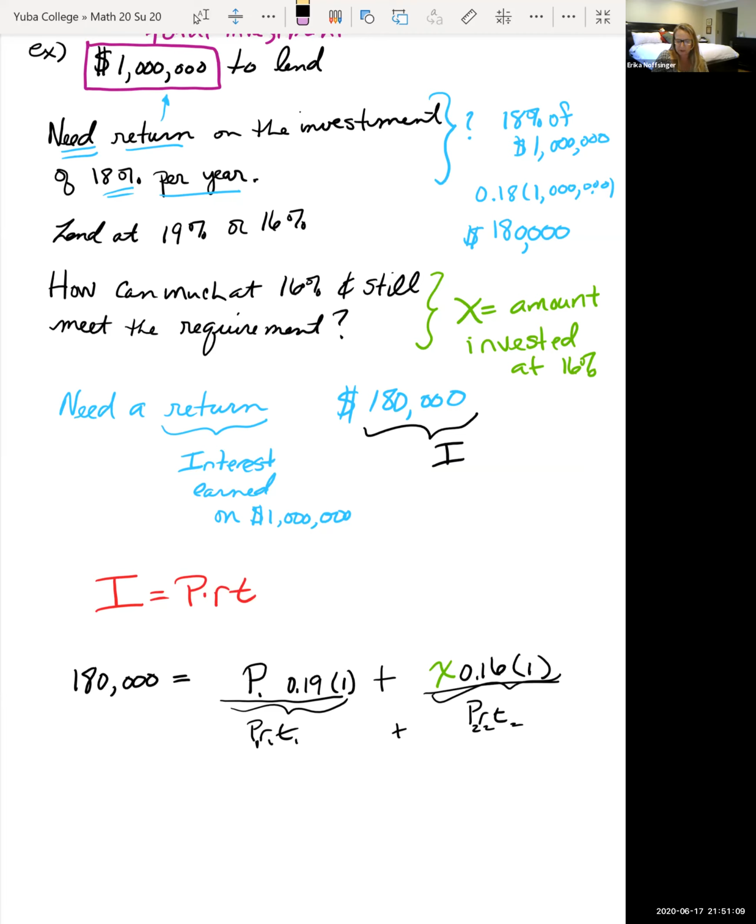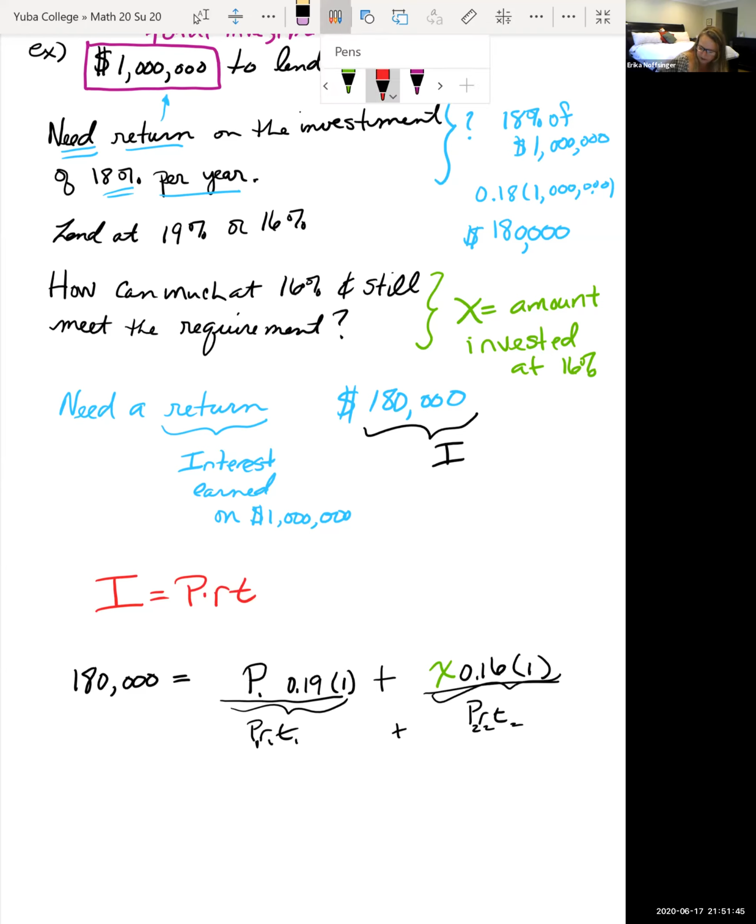For instance, if they put $500,000 into the 16%, we know they put the rest, which is $1 million minus the $500,000, another $500,000, into the 19%. If they put $1 in the 16%, we would subtract that from the million, and the rest, $999,999, would be in this one. So a way that we can express that is $1 million minus the X amount in the other.